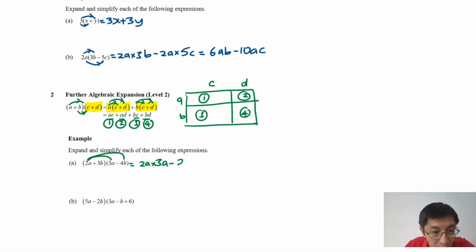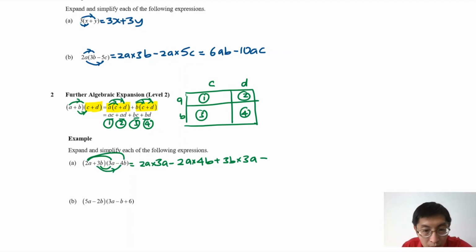That will be 2a times 4b with the minus sign being retained. Then after that, you do that to the right term of the first factor. That will be 3b multiplied to the left term of the second factor, which is 3a. So that will be 3b times 3a. Minus sign retains, and you multiply that to the right hand side term of the second one. So that will be 3b times 4b.